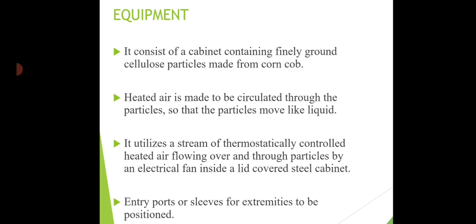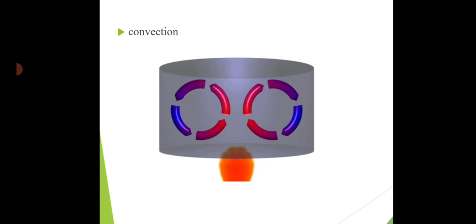It utilizes a stream of thermostatically controlled heated air flowing over and through particles by an electrical fan inside a lid covered steel cabinet. So here, as I showed you, this is how the inner circulation looks. The hot air is passed, and the particles are being circulated.